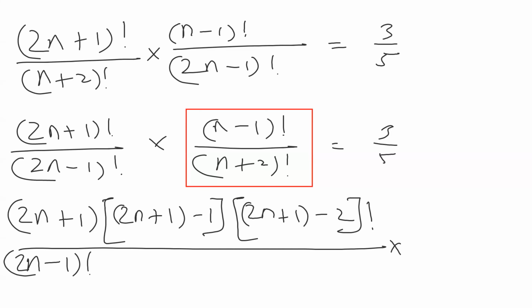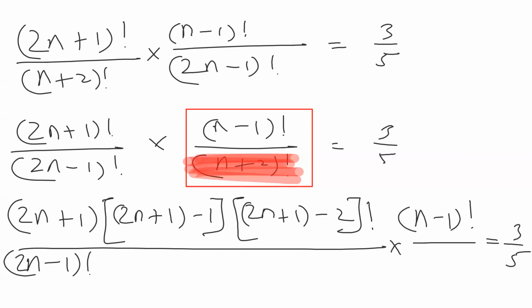Okay, so we have to reduce n plus 2 to n minus 1. For n minus 1, we are not supposed to do anything, but we are just supposed to reduce n plus 2. Anyone, what is the first term of n plus 2 factorial? What is the first term? n plus 2, correct.